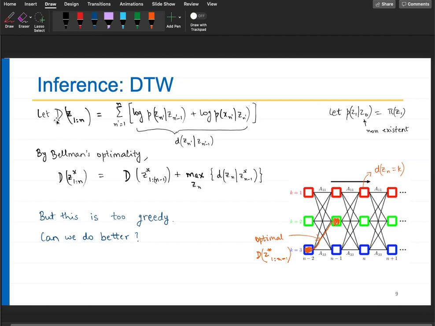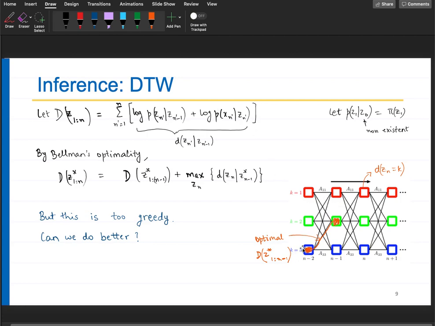So the total cost of the path Z1 to Zn can be broken down as a sum over the cost of each Zn. Since this is a Markov model, this cost also depends on the previous state because the transition will bring a cost. So this becomes the log of the transition probability plus the log of the emission probability. So this is your associated cost.